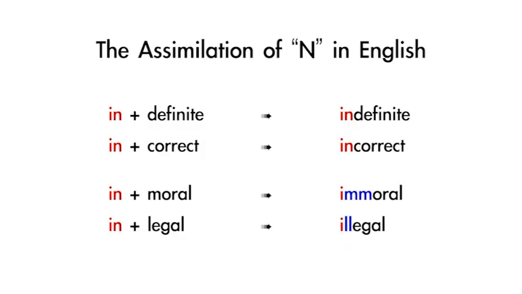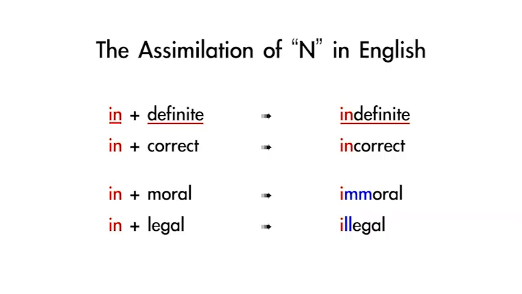And we also have this same phenomenon in English. Look at your slide with me. It is common in English to add the prefix in to a word in order to negate it or reverse its meaning. So, for example, we can add the prefix in to the English word definite, and that renders indefinite, or not definite. You can see the prefix in on the word definite, which means now not definite.